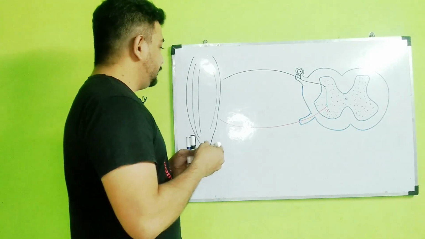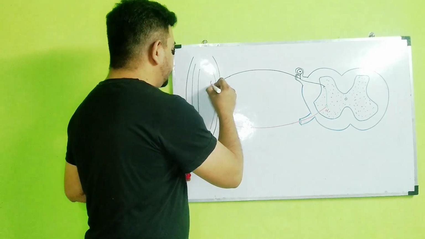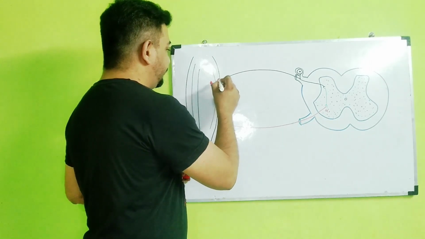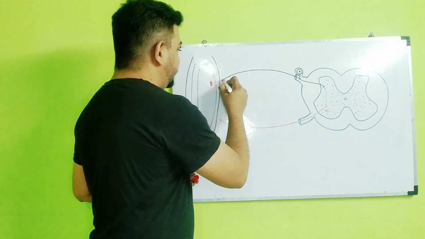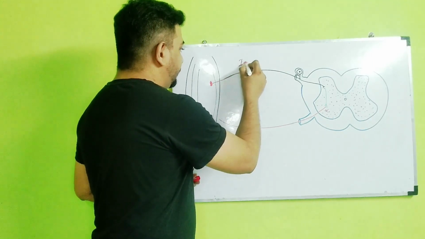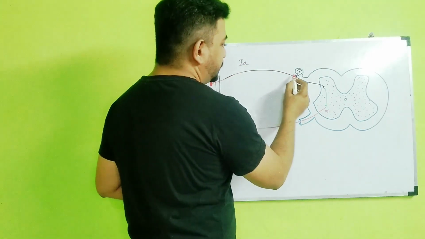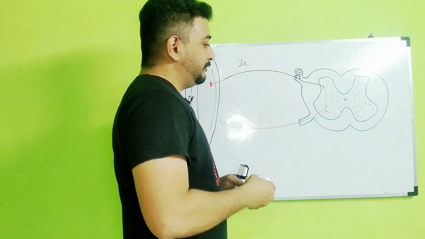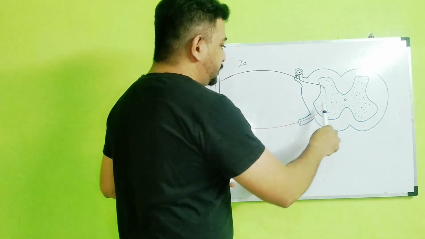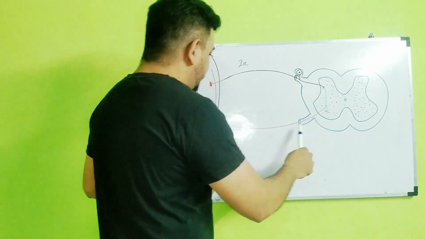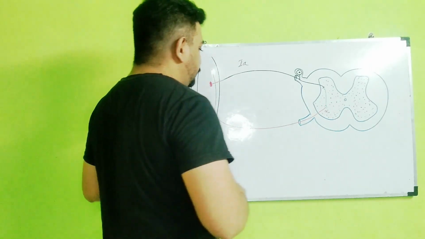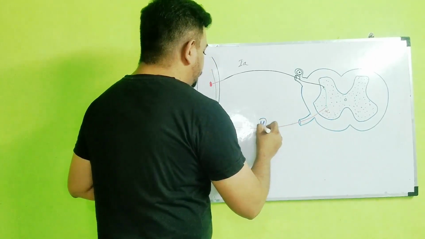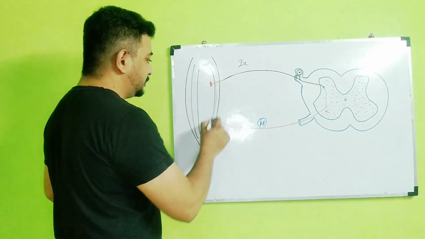So they get stimulated, and this information from the muscle spindle, the intrafusal muscle fibers, is carried by 1A fibers, and this 1A fiber carries the information to the spinal cord, same as in the reflex arc. The same information is conveyed to the alpha motor neuron. The alpha motor neuron sends information through the motor nerve fibers to the extrafusal muscle fiber.